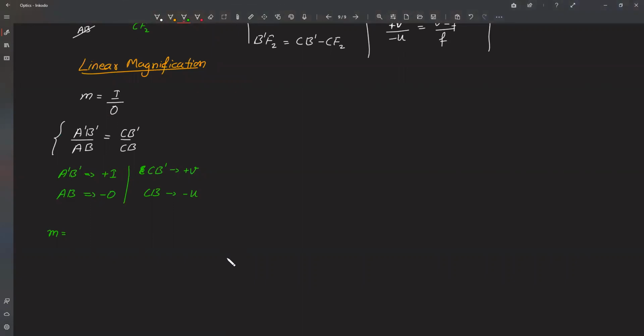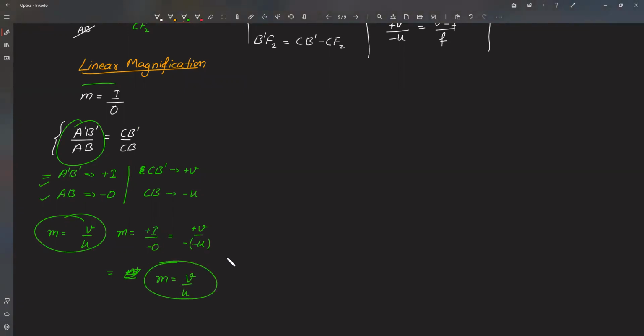I by O is nothing but V divided by U. You missed the second step, that is M is equal to plus I divided by minus O. Here, M is A dash B dash divided by AB, so that is plus I divided by minus O. Just now we have seen that it will be minus of I by O, so that is equal to plus V divided by minus U, and minus of minus U. So that is equal to plus V, or simply magnification is equal to the image distance divided by the object distance. This is magnification.